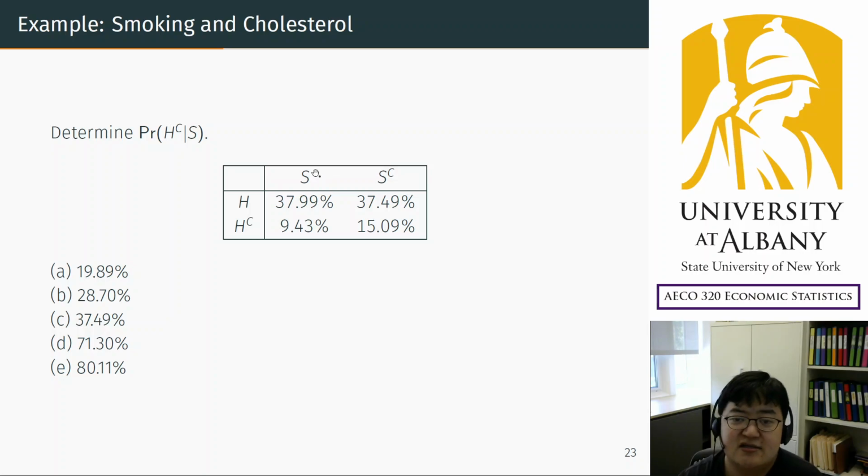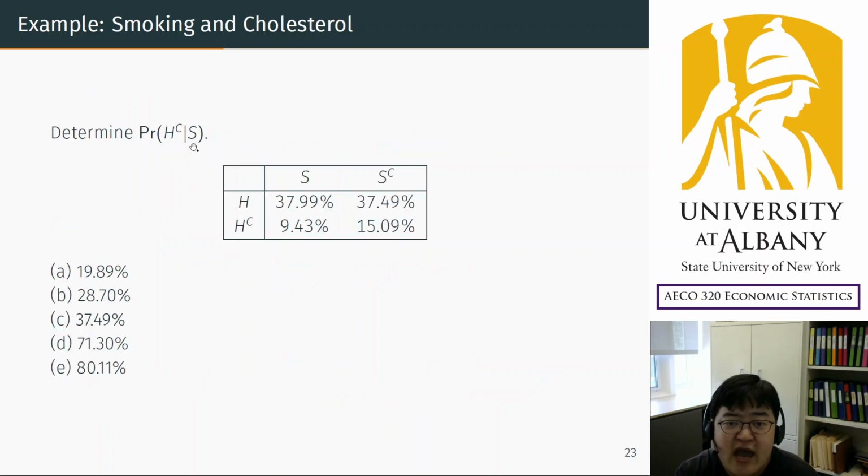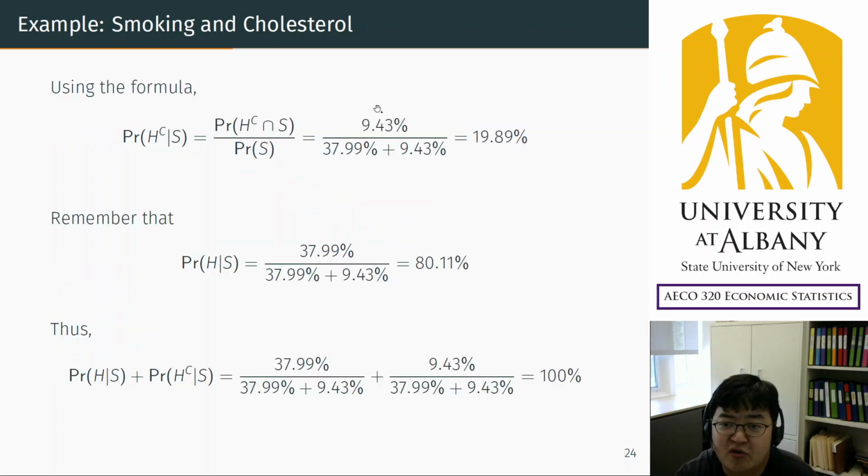So good exercise. Okay, if you have done it, we can use the formula. Pretty straightforward. So S is the condition, so delete the second column, and then among the first column, we are interested in 9.43%. So the numerator has 9.43, and the denominator has the sum of that column.